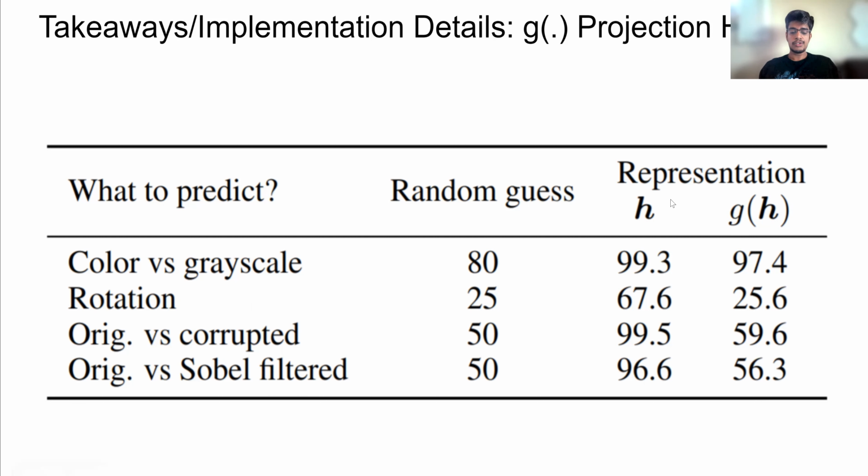But the intuition that the author provides is that if you use H for fine-tuning, those performances are way higher, and the reason is that you still have that information encoded in the output of H. So if you were to not use G of H and use H for maximizing the contrastive learning loss at H itself, then your accuracies will drop to this value instead of being here. That's sort of the explanation given in the paper.